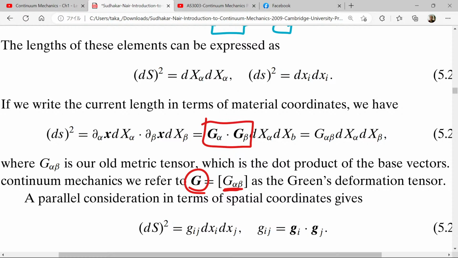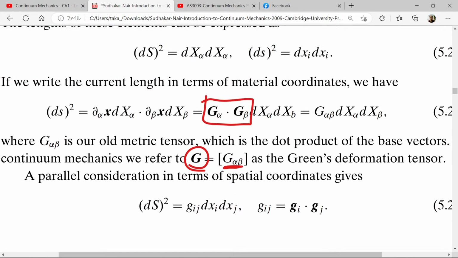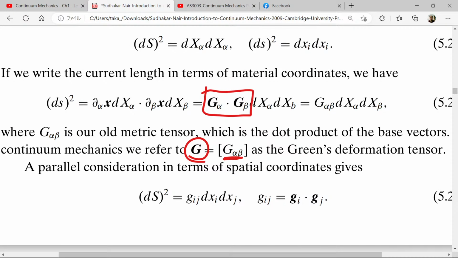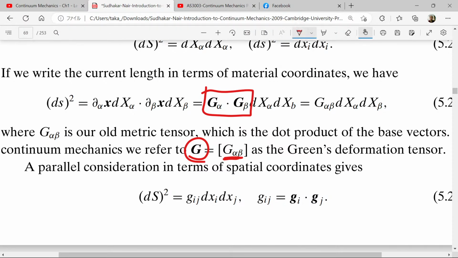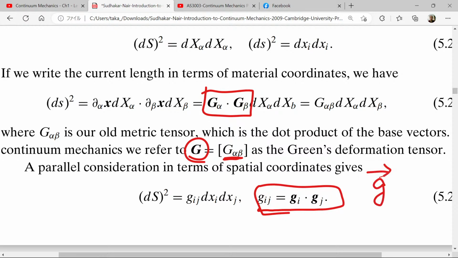Okay, this is the component. I think it's clear. And the same thing applies to small g. I don't know if this says it clearly, but we can also say the same thing applies to the small g tensor. This is a tensor, and g is also a tensor. So I think it's clear, right?